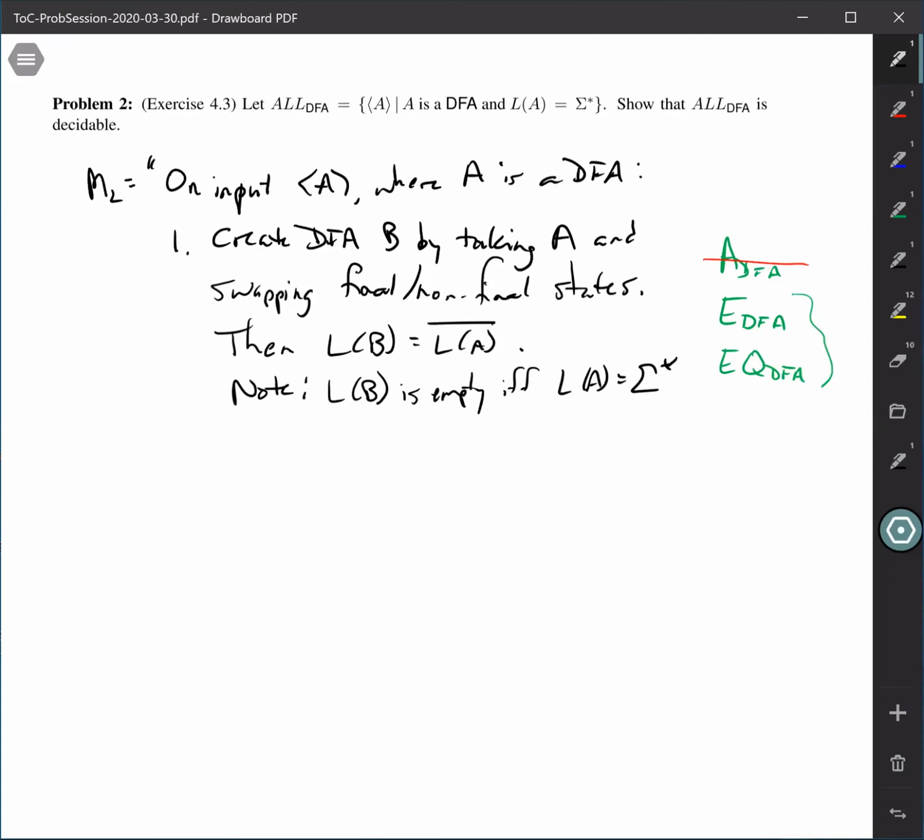The other sort of explanatory note that we can put in here is that since the language recognized by B is the complement of the language recognized by A, L of B is empty if and only if the language recognized by A is the set of all strings, right? So L of B is empty if and only if L of A is everything. So now what we've done is we've changed this into a question we can ask about language B.